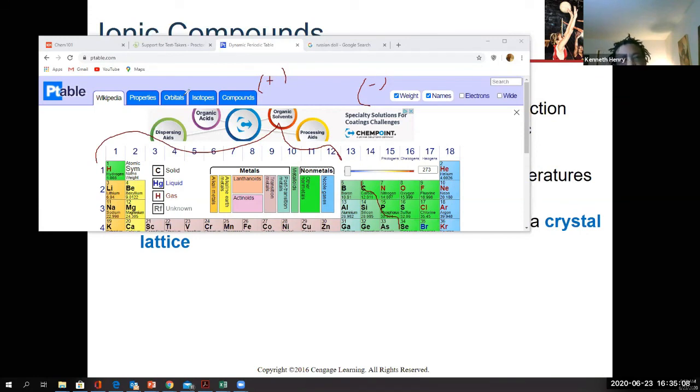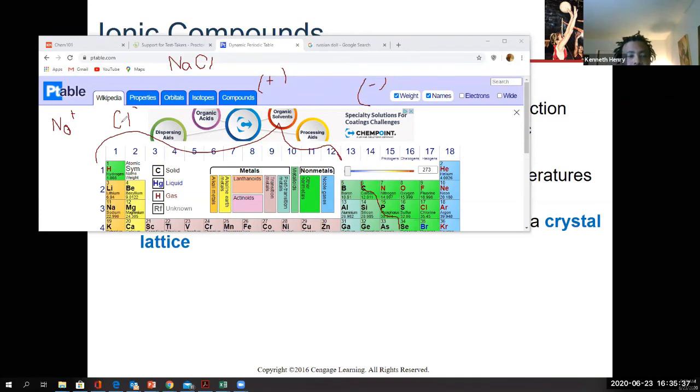So with ionic compounds, like, let's say, sodium, Na, Cl. This is an example of an ionic compound because Cl is going to take the electron from the sodium, so it becomes minus, and the sodium is going to give it up, so it's going to become a plus.